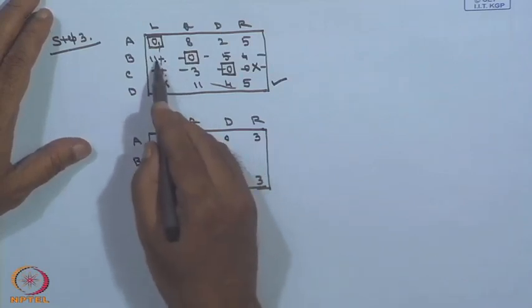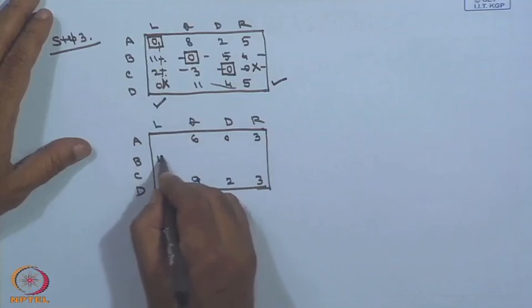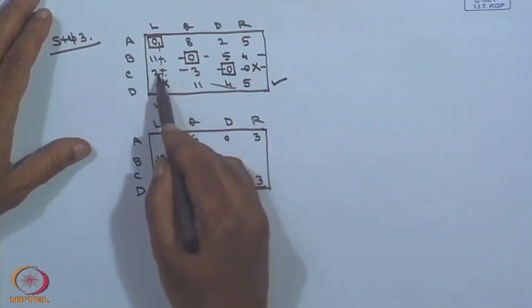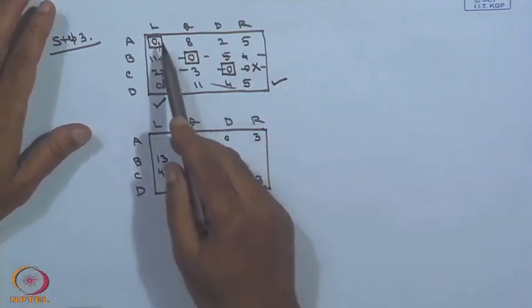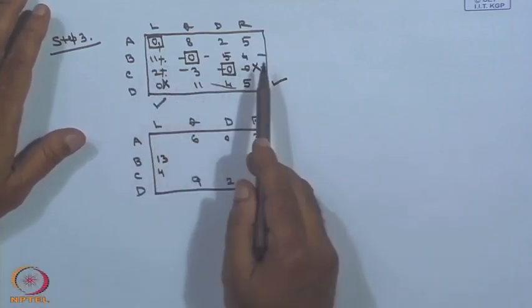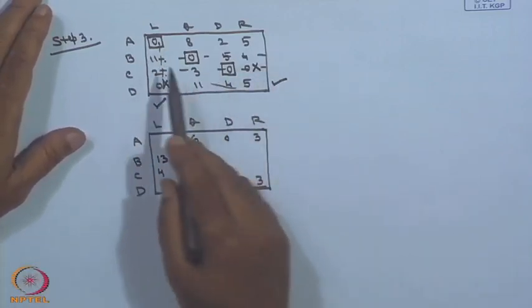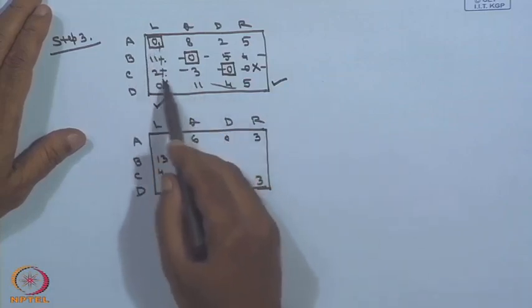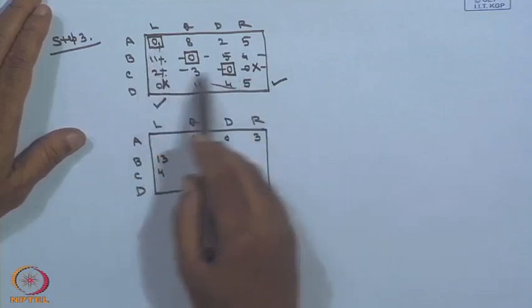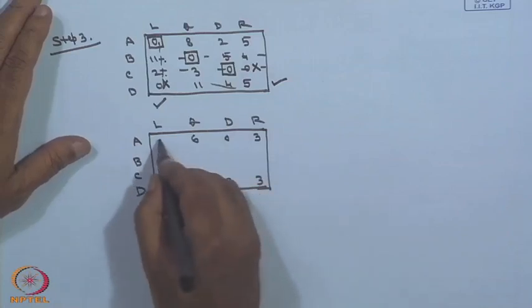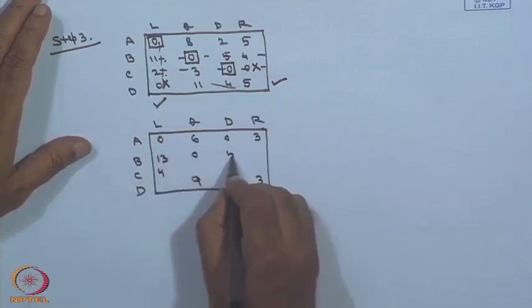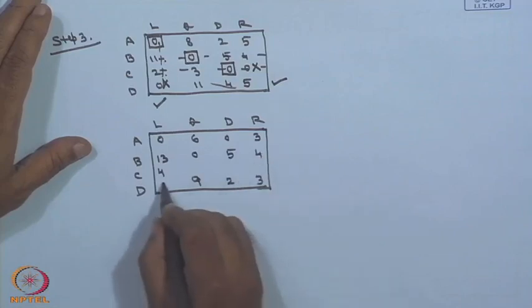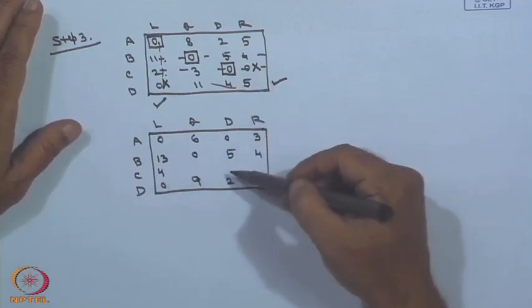So, you add 2 with 11, that is 13, and for 3 1 you add 2 with this element 0, so it becomes 2. All other elements which were marked by the straight line, keep them as they are, do not change anything. So, it will be 0, 13, 0, 5 and 4 and here it is 0. So, from here you are getting this.